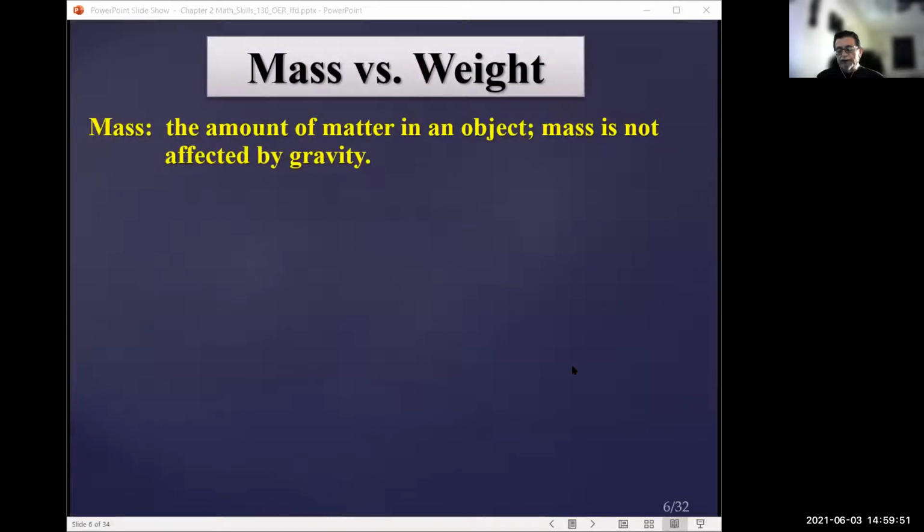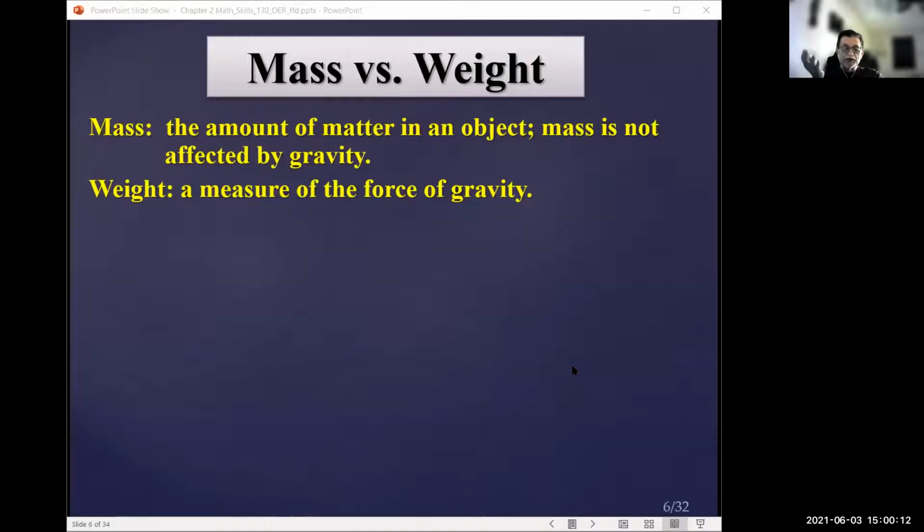Mass versus weight. Now, we tend to interchange these terms simply because we're stuck here on Earth. But I think we all know that mass and weight are a little bit different. Weight is governed by the gravity on your planet, which is this one. My weight would be different on the moon than on the Earth.